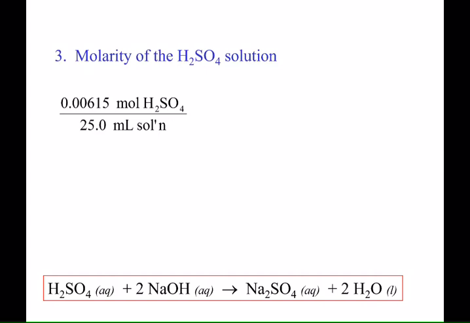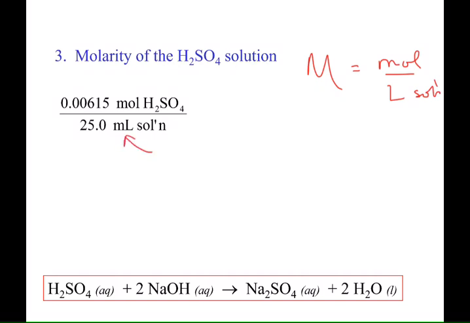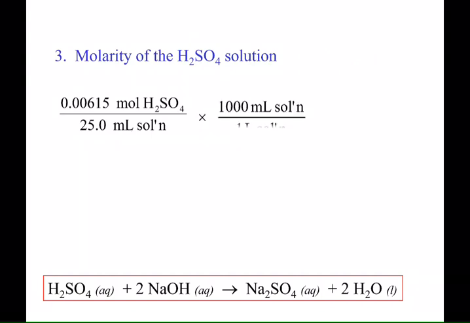Now you might see that there's an issue here, but molarity is always in units of moles of solute per liter of solution. Okay, so how can we get our denominator from milliliters of solution to liters of solution? Well, if we introduce the relationship between milliliters and liters and put milliliters on top and liters on the bottom, that'll do it for us.